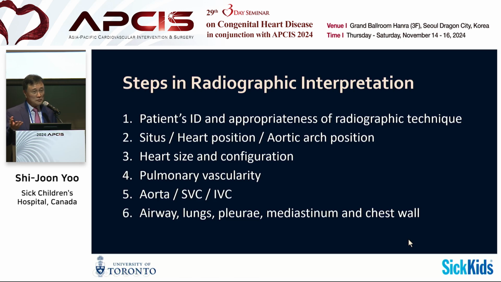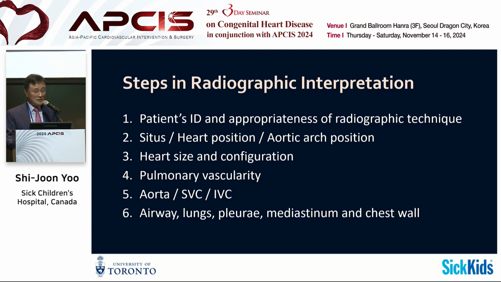What I would like to suggest is that when you have this first chest X-ray in your hands, look at this first. Not infrequently, chest radiographs can be taken from the wrong person. So you need to check the ID first, and then look at the radiographic technique, whether it is appropriate, any rotation, inspiration or expiration.